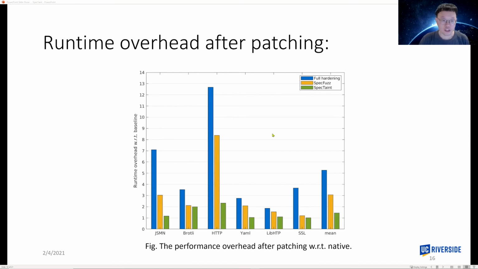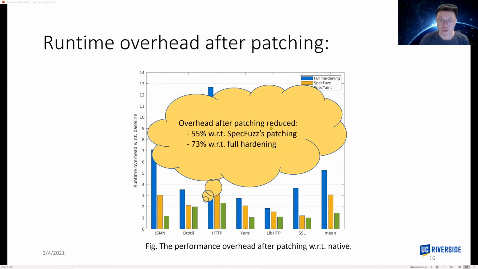Here, full hardening means patching all conditional branches in the program. On average, the overhead after patching reduced 55% compared with SpecFuzz patching, and 73% compared with full hardening. This result shows that SpecTaint can ensure the security of the program without introducing large overhead.